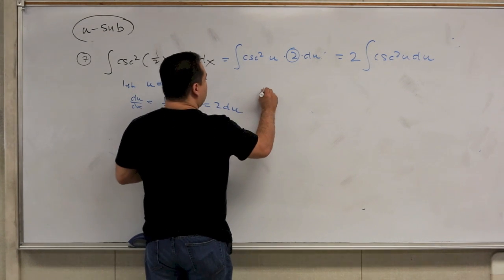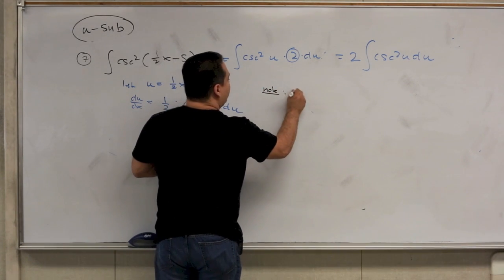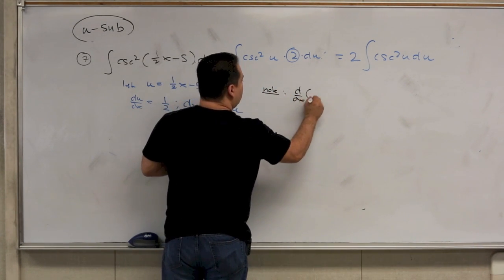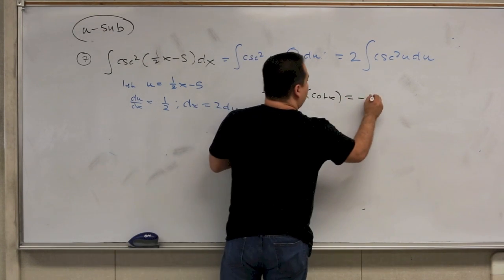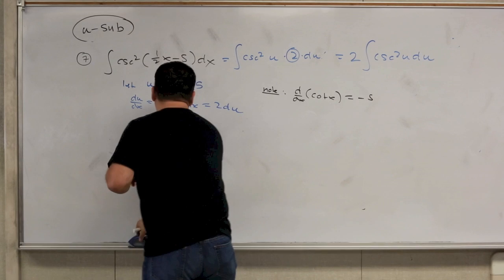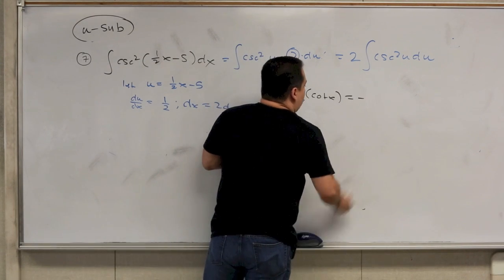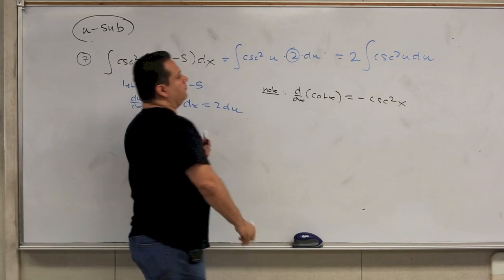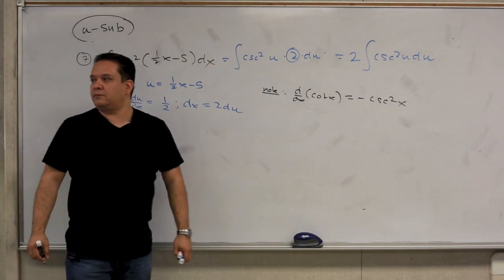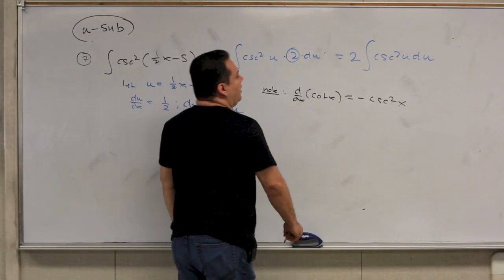Let's note. All right, I know that if I differentiate the cotangent curve, what do I get? Negative cosecant, right? So I get negative cosecant squared. Sorry, I'm sorry, I got that right.